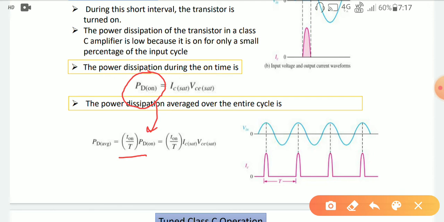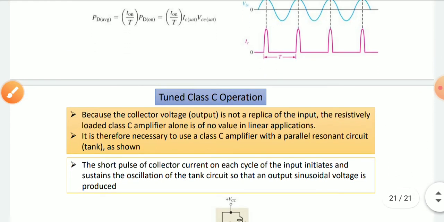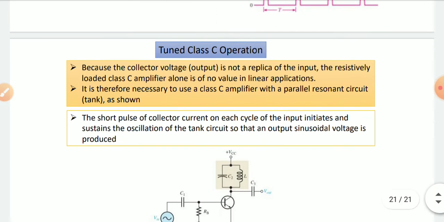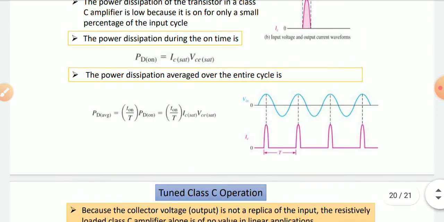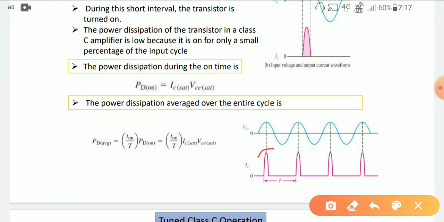So the average over the entire cycle can be calculated using this formula: T on by T, where capital T is the total time period, multiplied by the saturation current and the saturation collector-to-emitter voltage. This is because the collector voltage output is not a replica of the input. Look, the output waveform is not a replica of the entire cycle of the input signal.